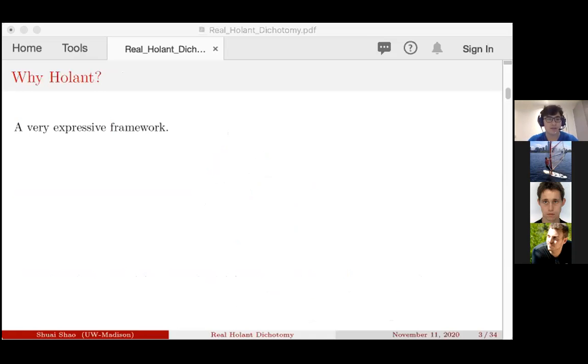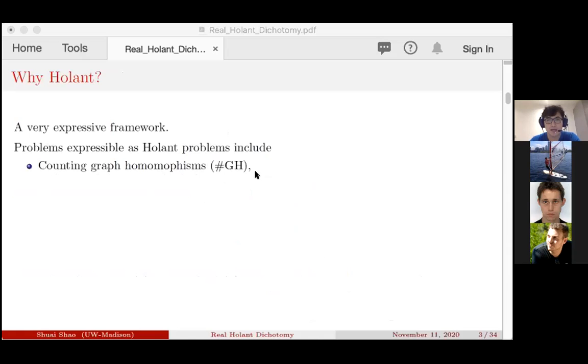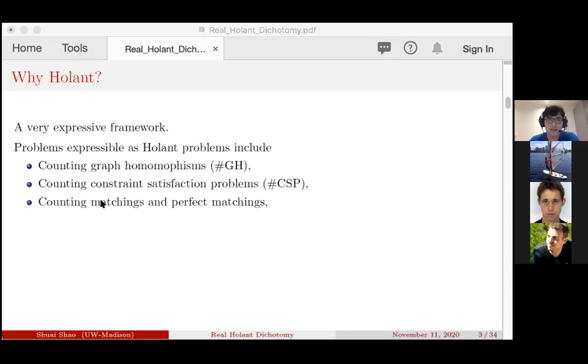Why are we interested in Holant problems? It is a very expressive framework for counting problems. Problems expressible as Holant problems include counting graph homomorphisms and counting constraint satisfaction problems. These are the 2 well-studied frameworks for counting problems. But beyond these 2 frameworks, as we just saw, counting perfect matchings and counting matchings can also be expressed as Holant problems.